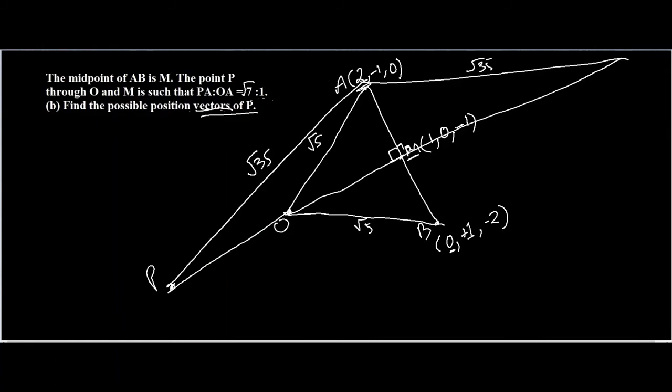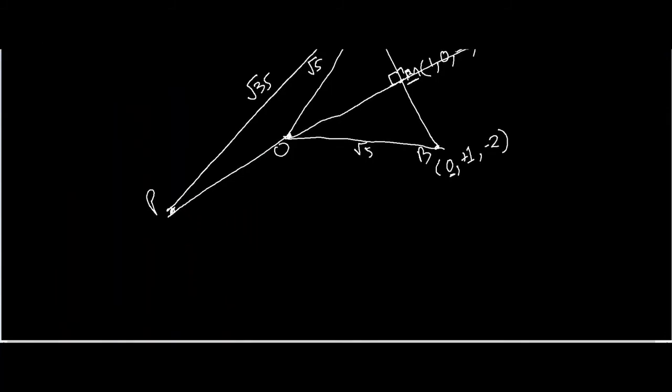All right. So let's write the equation of the line OM first, because P is lying on OM. For an equation of a line, we need a point, which is, let's say, 0, 0, 0.